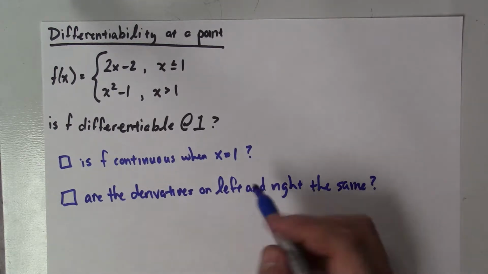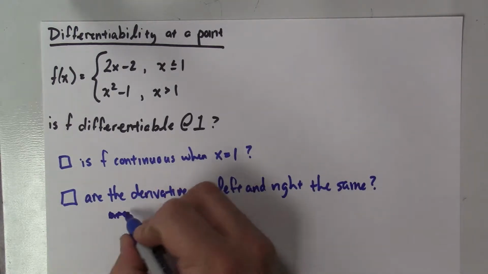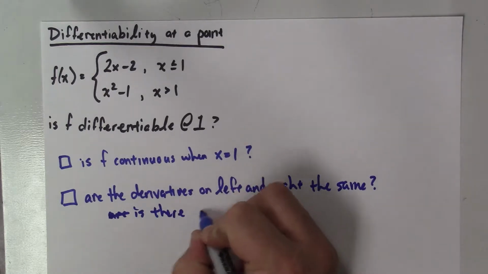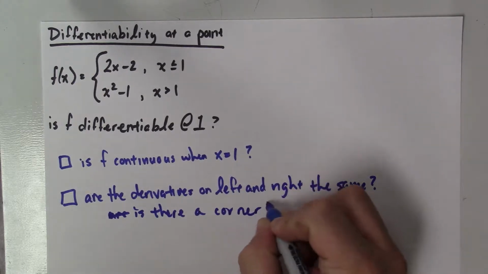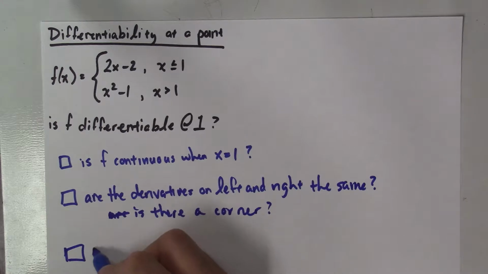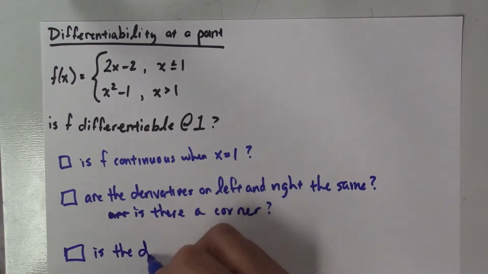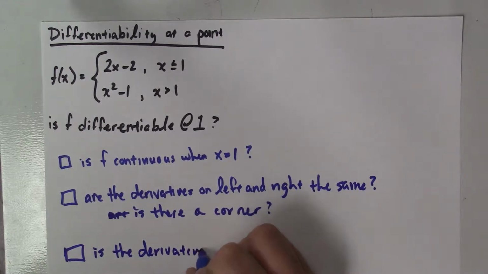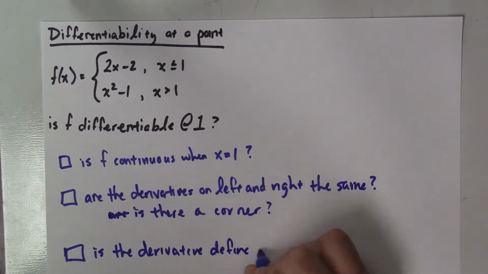Which is another way of saying, is there a corner? And is the derivative defined? No infinites, that's bad.